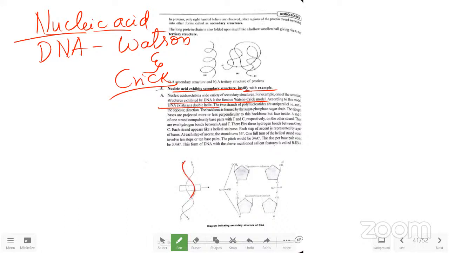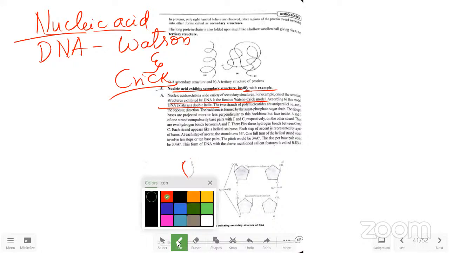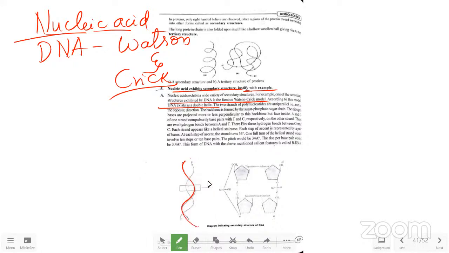Like this, the double helical model will be present. We'll take another strand with another color. This is the 5' to 3', and here it is 3' to 5'. So this is the double helical model of the DNA strand.